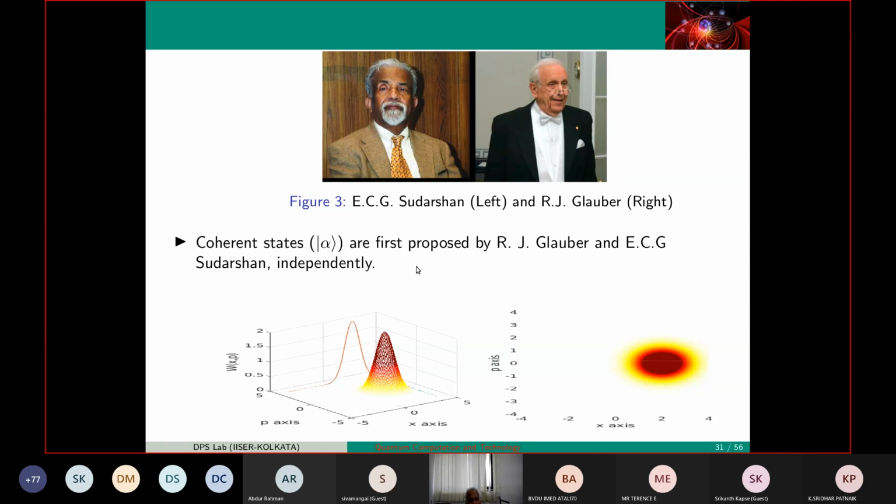This property of light, what is classical, what is quantum, was first shown by these two gentlemen, Sudarshan and Glauber. Glauber got the Nobel Prize, for which many people are still debating that Sudarshan also should have got it. He passed away a few years back. He did formulate the theory of weak interaction with Marshak.